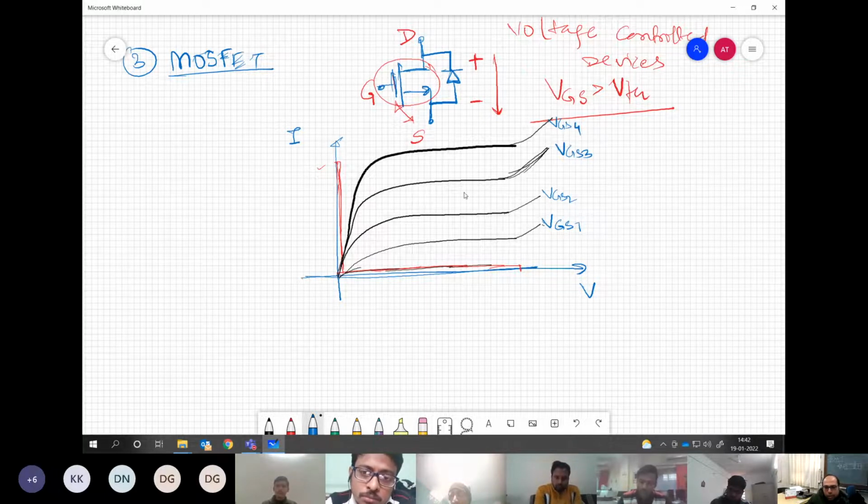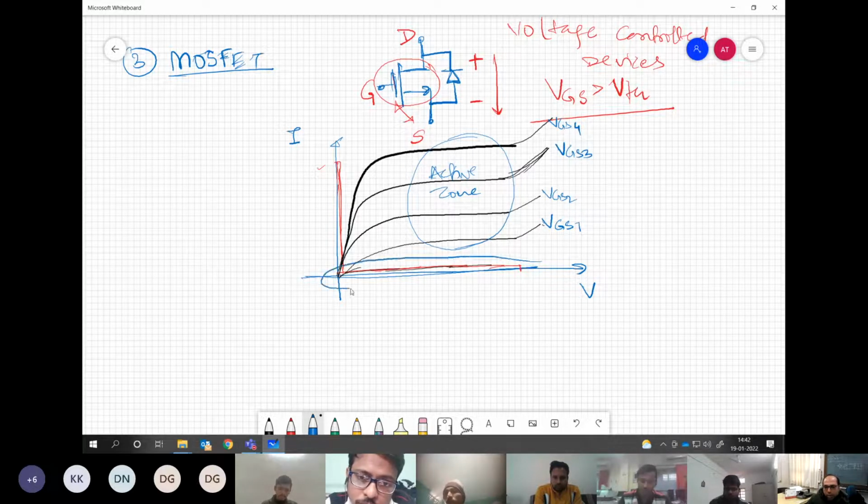So the first zone could be this. This is again similar to BJT, it is the active zone, and sometimes called the linear zone for obvious reasons. Now the second zone is here, where the current is very small and the voltage is pretty large, which it is basically blocking. So this you can call again the cutoff zone or off state.